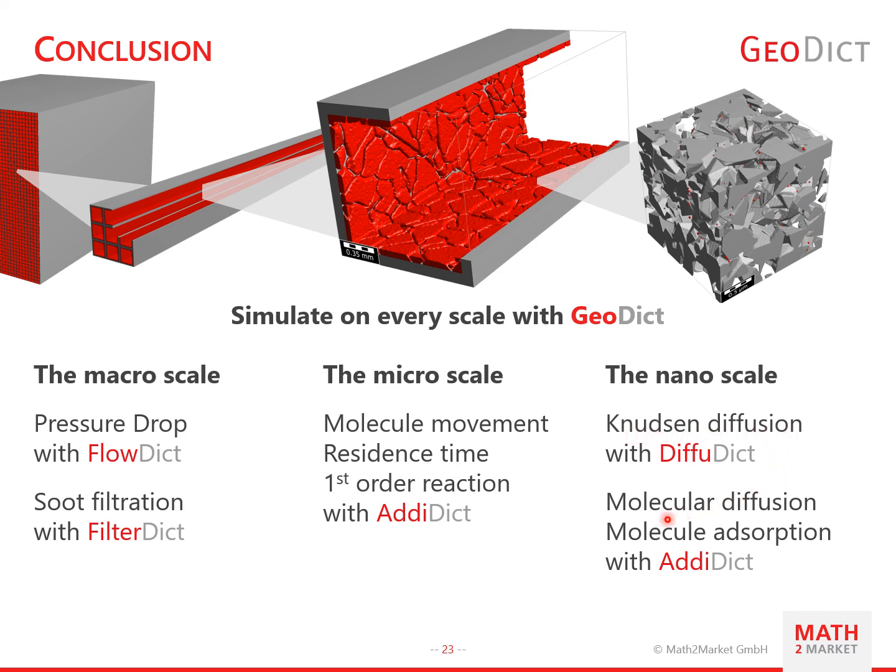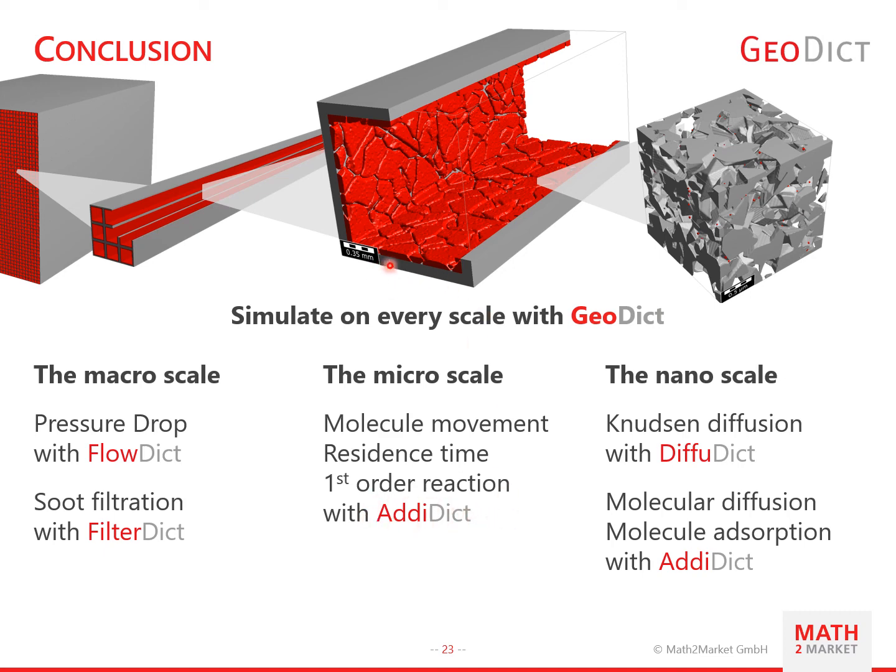We have seen molecular diffusion and molecule adsorption with AdsorbDict. We can take some of these results to the next scale, the microscale. We have seen that we can there simulate molecule movement, residence time, and even first order reaction with ReactDict.